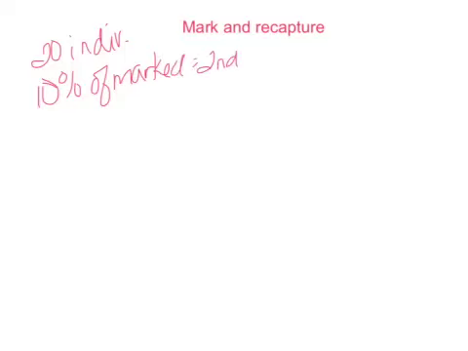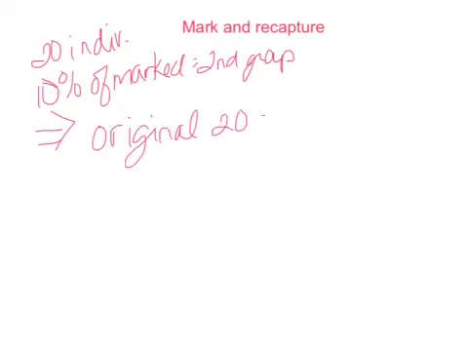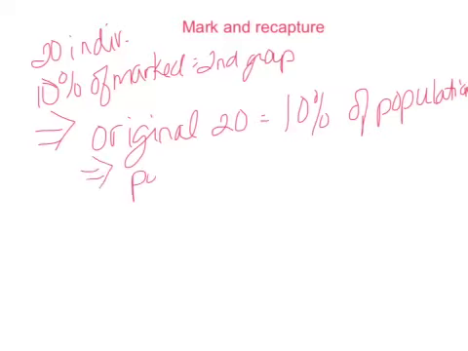This tells me that the original 20 represents 10% of my population, which means my population is going to have 200 individuals, because if 20 individuals equal 10% of the population, then that's 200 individuals.